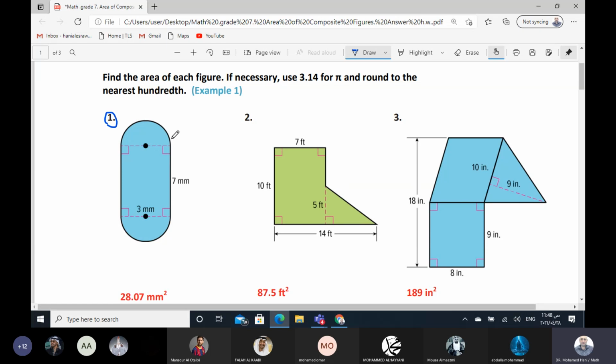As you see here, we have a semicircle, and here we have a congruent semicircle. And as you remember, the area of the semicircle will be 1 over 2 multiplied by pi r squared.